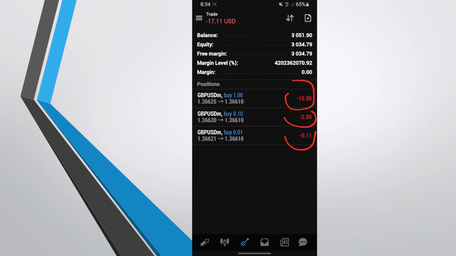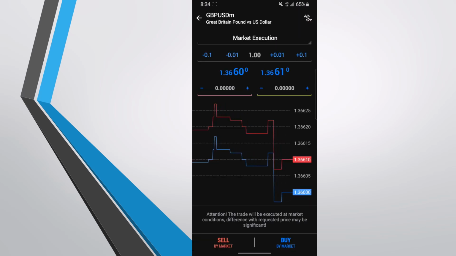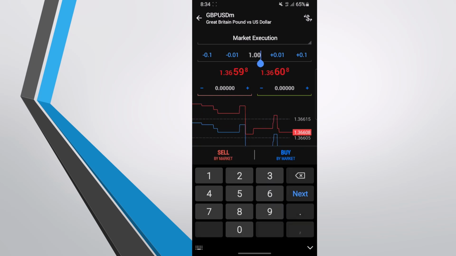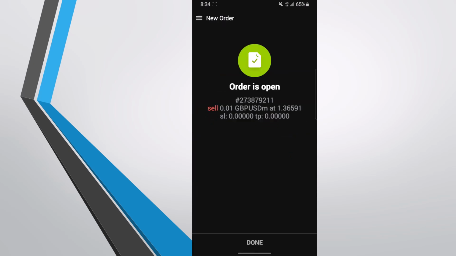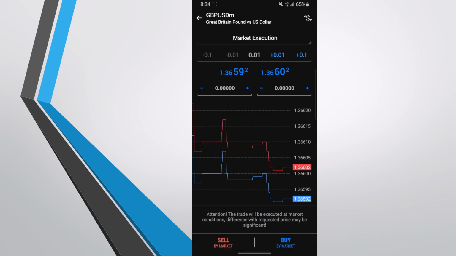All right. So let me sell now. I want to go back and sell. When you know where to go and sell, it is that plus arrow there. So let me go back and sell with each of the lot sizes again. Sell with 1 micro lot size.